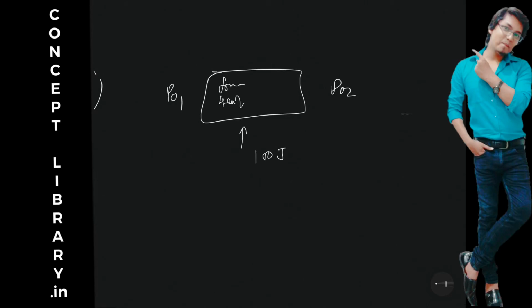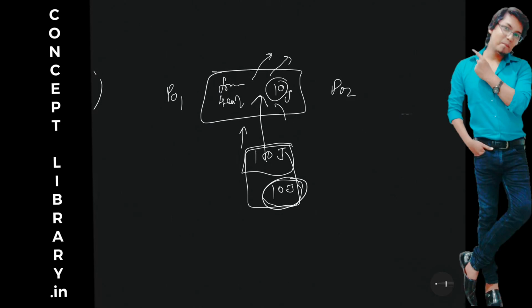But in real life, what happens in the actual process? Some amount of this work, suppose 10 joule, will convert into heat when the 100 joule work enters the device. Some 10 joule, just an example, will convert into heat, and that heat will go out.